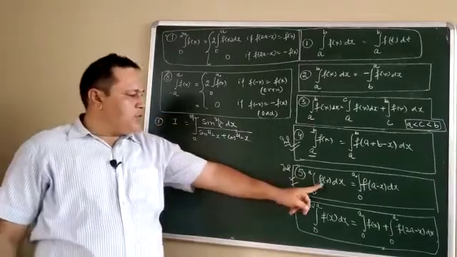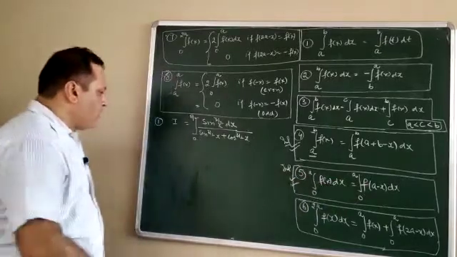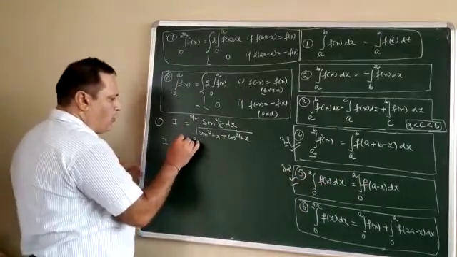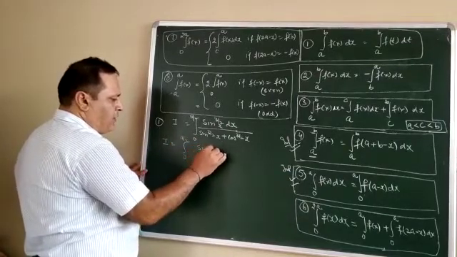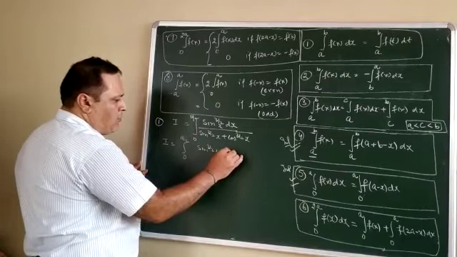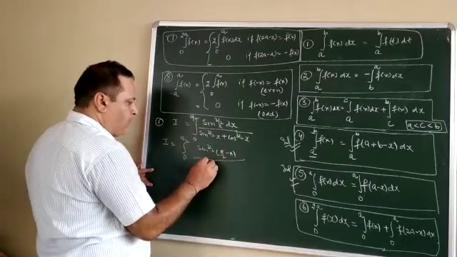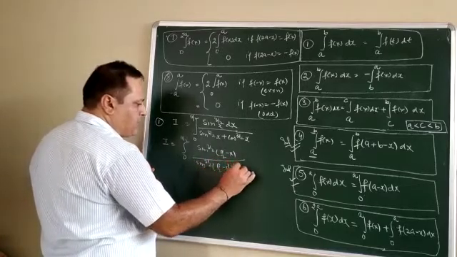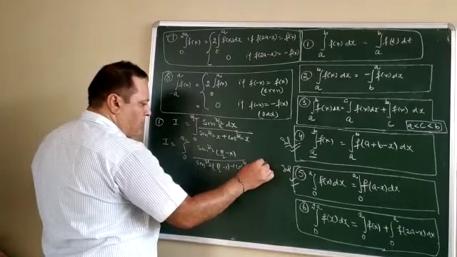So if you observe this property, integral 0 to a of f(a minus x), we apply this property. See this one, I is equal to integral 0 to pi by 2 of sine 3 by 2 (pi by 2 minus x) upon sine 3 by 2 (pi by 2 minus x) plus cos 3 by 2 (pi by 2 minus x).